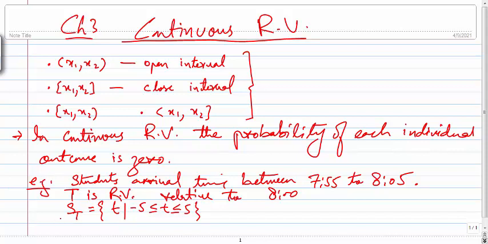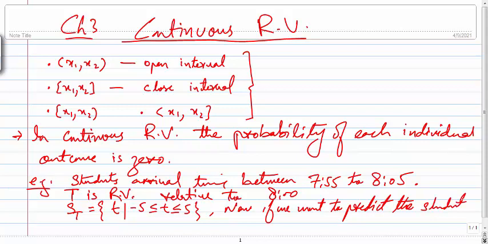Now if we want to predict the student arrival time, this is the range, but we exactly want to know what the time is.